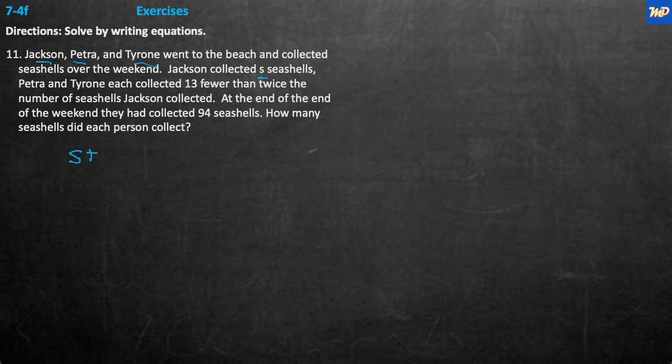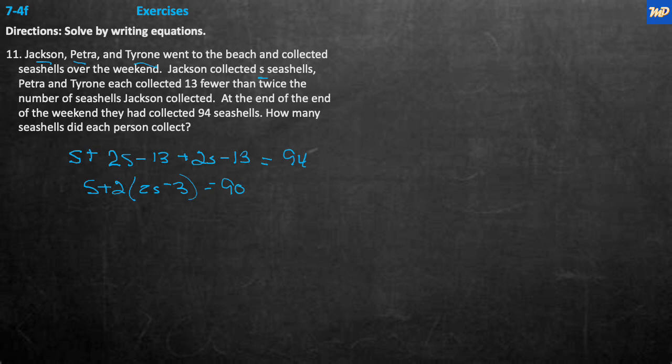So it's 2S minus 13 for Petra, because she collected twice Jackson's amount, minus 13, plus Tyrone did the same thing. He had twice Jackson's amount, minus 13. The alternative is we could have written it S plus 2 times 2S minus 13. It would have been the same thing. And this equals a total of 94 shells.